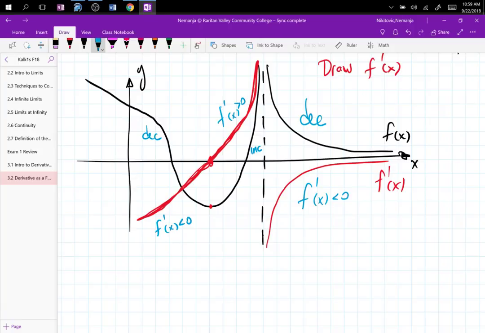It's positive in terms of y, right? So that's what we have. So we were able to draw this graph for the derivative without even knowing what the function is.